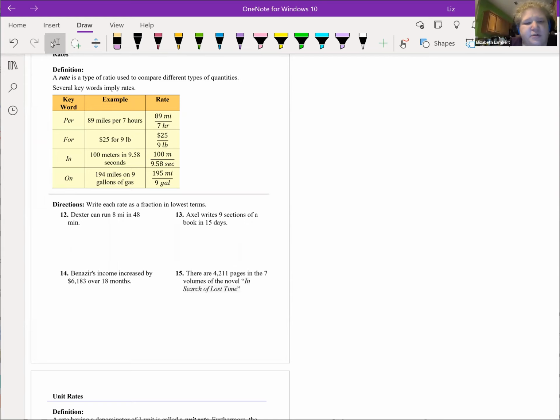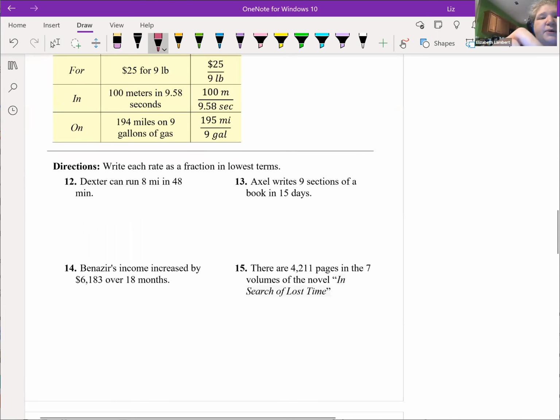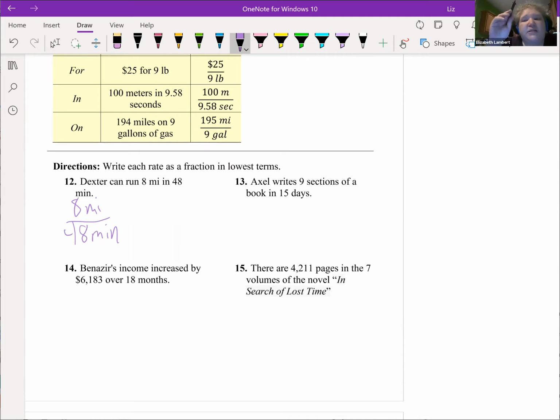Good job, Dexter. All right, so let me zoom in a little because I write so big. So 8 miles, 48 minutes. We use MI for miles because we use M for meters.